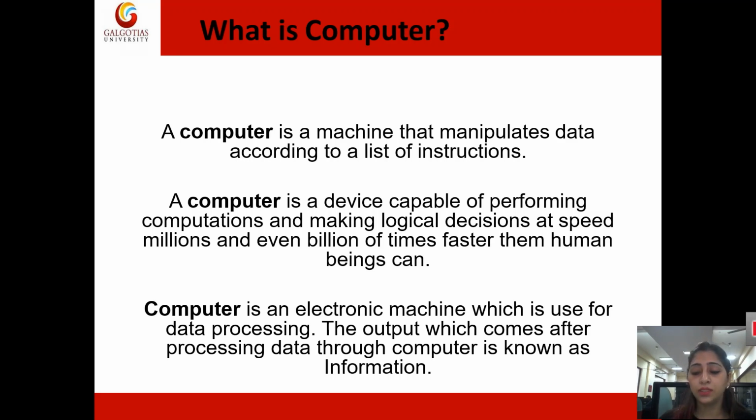Okay, so in simple terms, we can say that a computer is a machine that is used to get the desired output. Whatever we want to get as an output, the computer as a machine performs that work on the data we provide according to the instructions we provide. Then it gives the result, the desired output that we want the computer to give us.